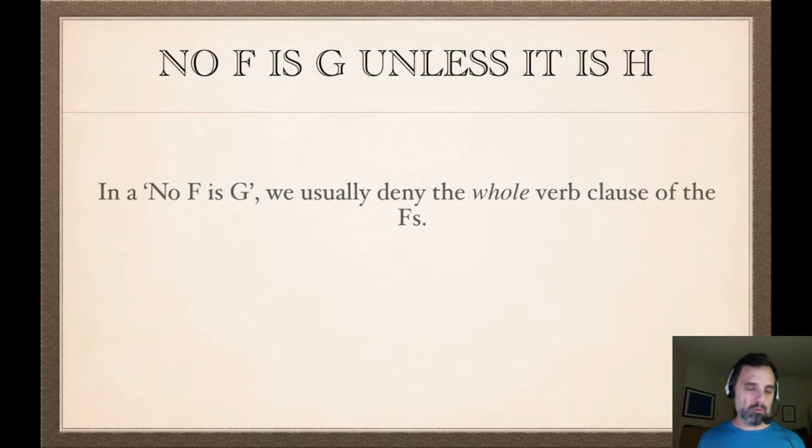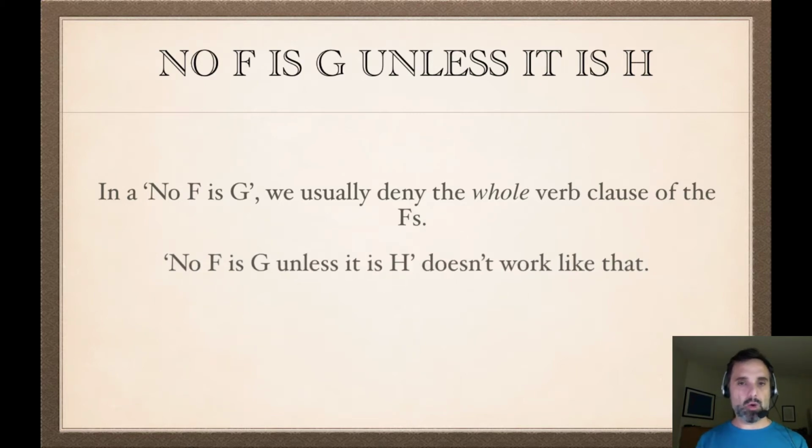What's going on here? Well, in a normal "no F is G" sentence, we deny that the whole verb phrase applies to the Fs. So we take the verb phrase G, however complex it is, and say it does not apply to any of the Fs. That's not what happens in a "no F is G unless it is H" sentence. We don't deny G or H of the Fs, it's just the G. So the "no" doesn't hook onto the whole verb phrase, it hooks on only to the first part of it, the G part.